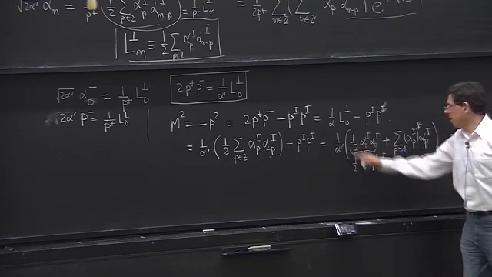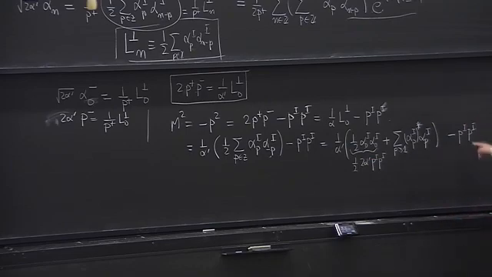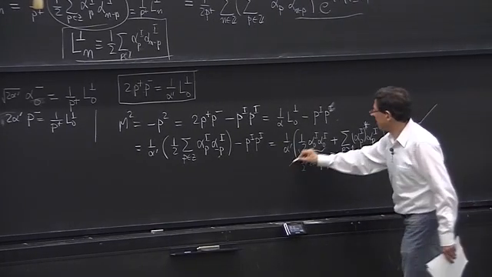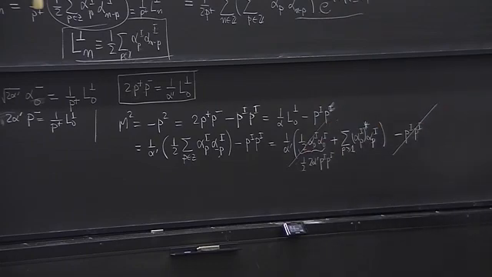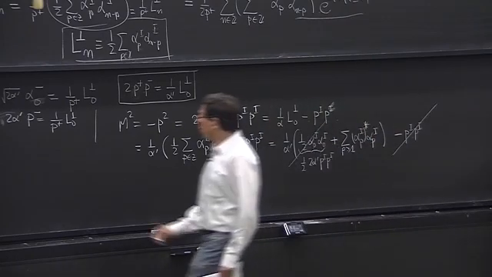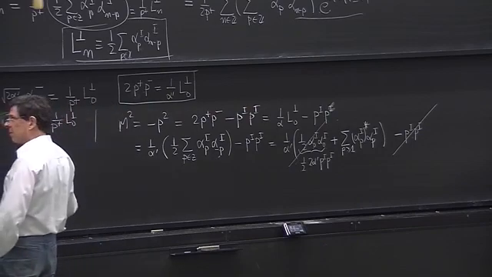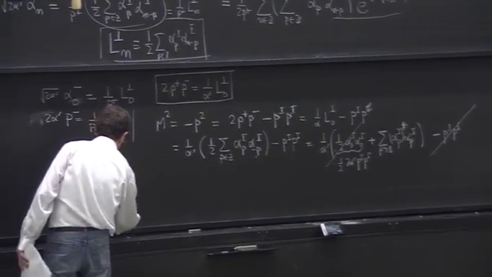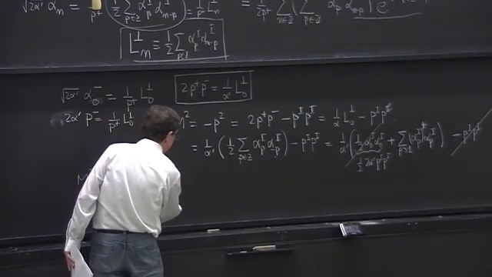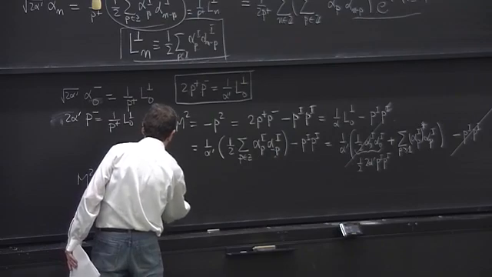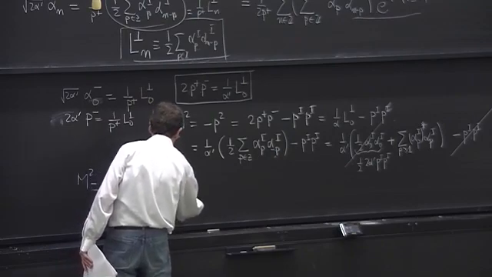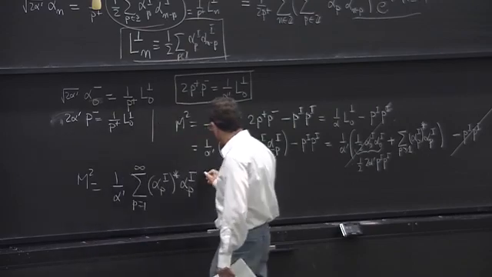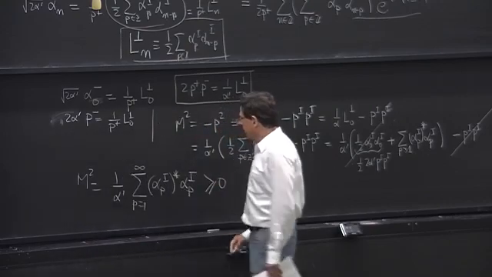And with an alpha prime here, and these 2's cancel, and this cancels with that. It's very nice. So the mass squared of that string is 1 over alpha prime sum over p from 1 to infinity of alpha p i star alpha p i. It's a number at this moment. Greater or equal than 0.